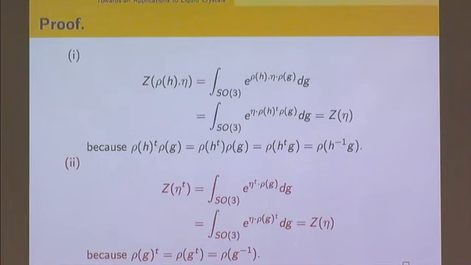And similarly for the transpose, we take the transpose here, it goes here, and then this is the same because this is the integral over rho g inverse, and again this is a compact group, and in the compact group the Haar measure has a property that these things are equal, and so we have invariance with respect to this left action and with respect to taking the transpose.